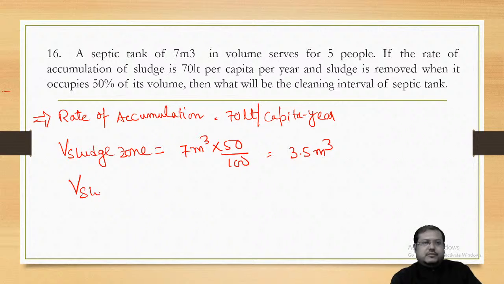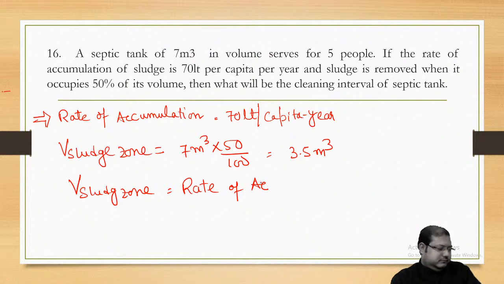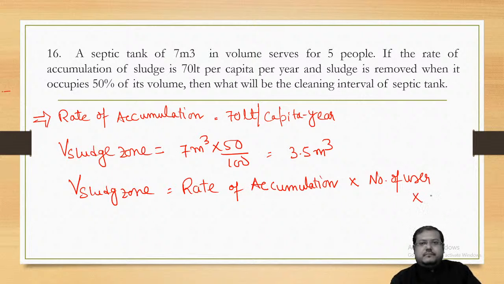The volume of sludge is equal to rate of sludge production into number of users into time interval, this sludge interval.